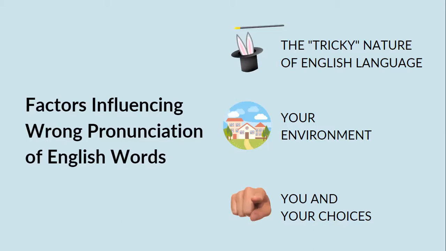So if you choose to say, I am not going to be like everyone around me or almost everyone around me who mispronounces English words, I am going to make sure I pronounce my TH correctly. I'm going to make sure I say my schwa sounds correctly in words. I'm going to make sure I take note of silent letters in words and avoid pronouncing them when I say my words. Over time, you would see that you get better because you consciously practice. So when you create that environment for yourself within you, it changes everything.